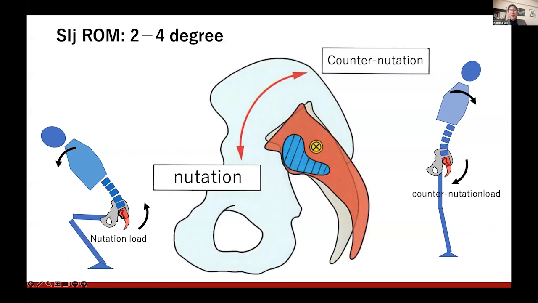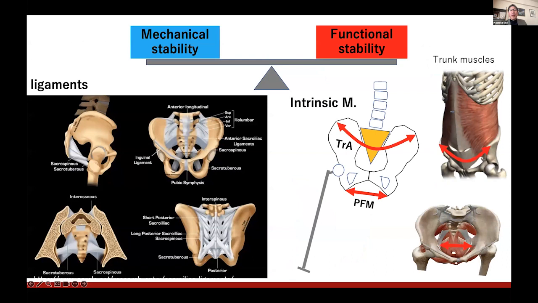The SIJ can move slightly, and the nodding motion of the sacrum is called nutation and counter nutation. As shown in this figure, when squatting and bending forward, the nutation load is applied to the joint, and when extending the back, the counter nutation load is applied.